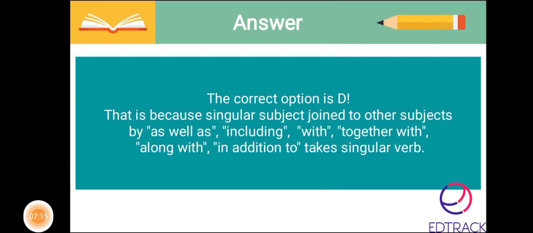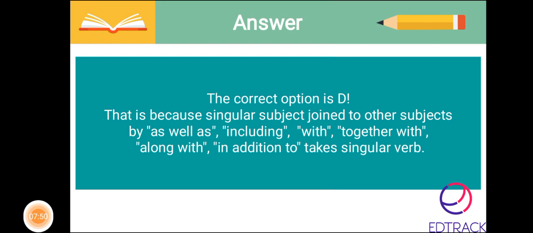But when the subject that comes before any of these words is plural, then our verb is going to be what? Plural. So just as I explained, it is the subject that comes first in that expression, before it has been joined by any of these words, that would determine whether the verb is going to be singular or plural.